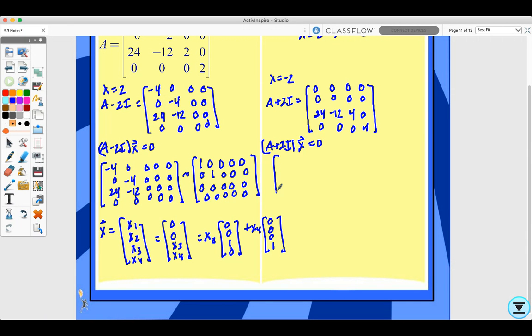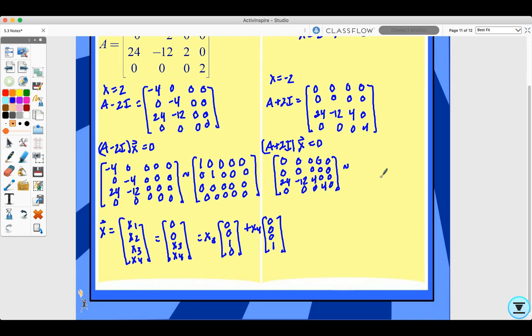So my augmented matrix, when I row reduce this, I'm going to go ahead and move row 3 to row 1 and take 1/24 of that.